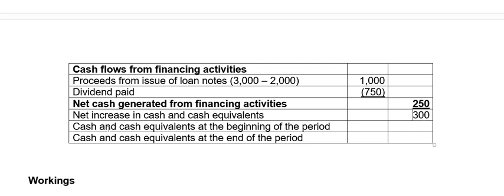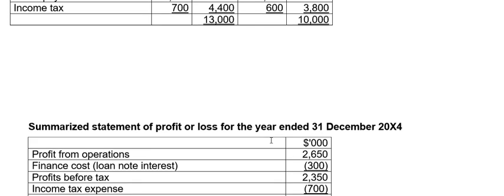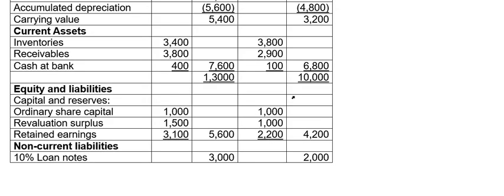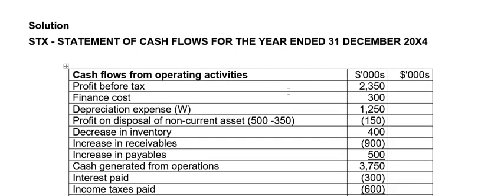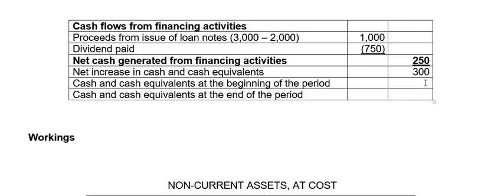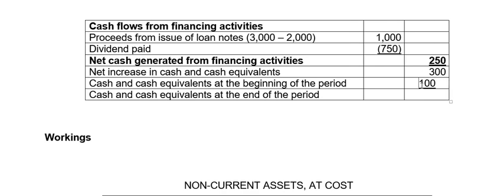Then we have to add the cash and cash equivalents at the beginning of the period. So look at your cash at bank at the beginning of the period. That is the 2003 balance. That's 100. So we bring that 100 and add it to the net increase in cash and cash equivalents.